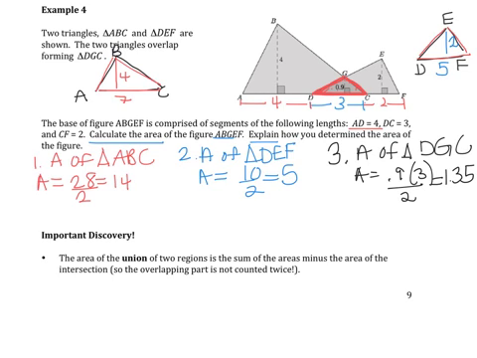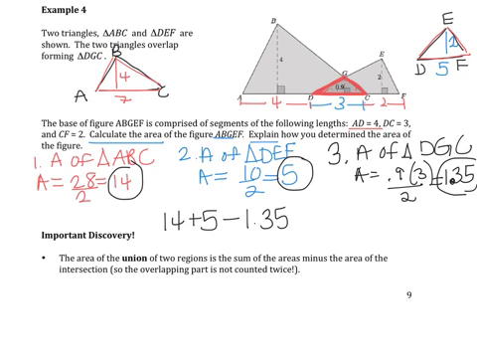Okay, so we're going to take 14, 5, and subtract 1.35, to get a sum and difference of 17.65.